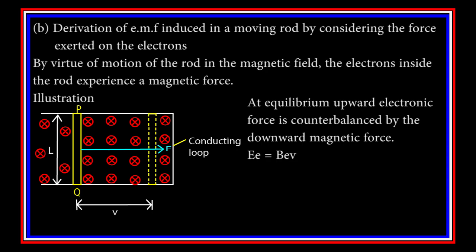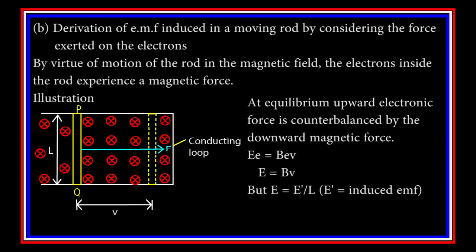That is, capital E e is equal to BeV. Cancelling out the electron charge small e, capital E is equal to BV.